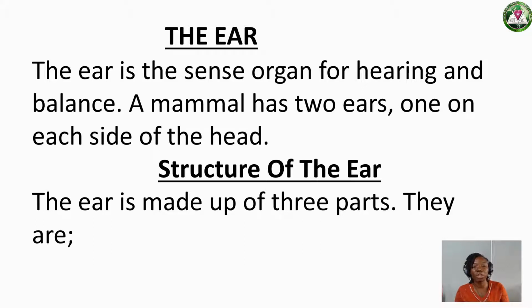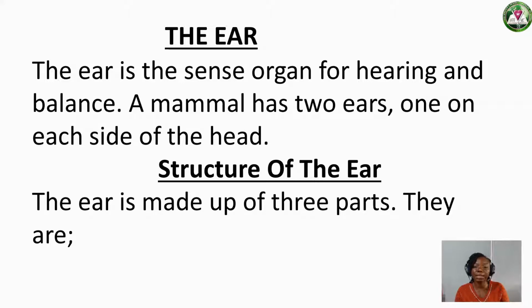We said there are 5 in number. We talked about the first one in our last lesson, which is the eye. Today we'll be talking about the ear. The ear is the sense organ for hearing and balance.